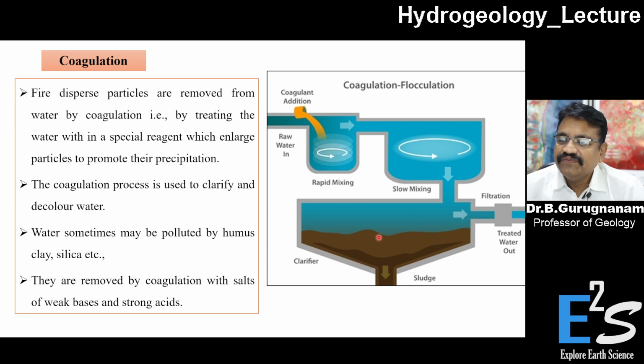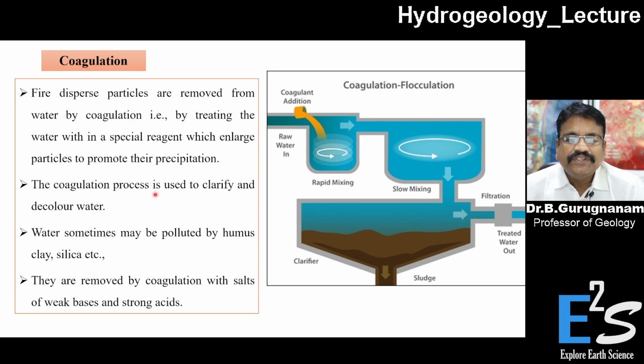The sludges, or the fine dust, are taken out, and the treated water is taken through a filter for the next process. It is nothing but finely dispersed particles being removed from water by coagulation, that is, by treating the water with a special reagent which enlarges particles to promote their precipitation.